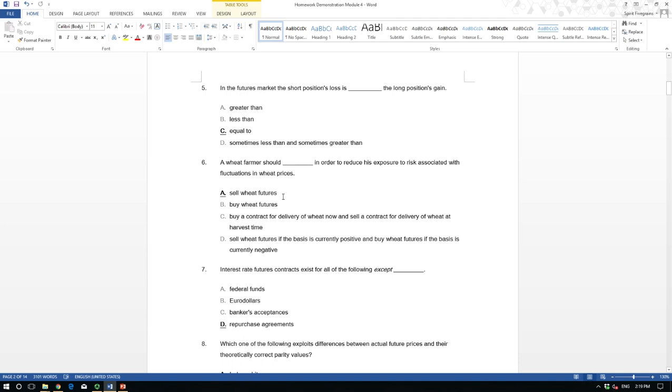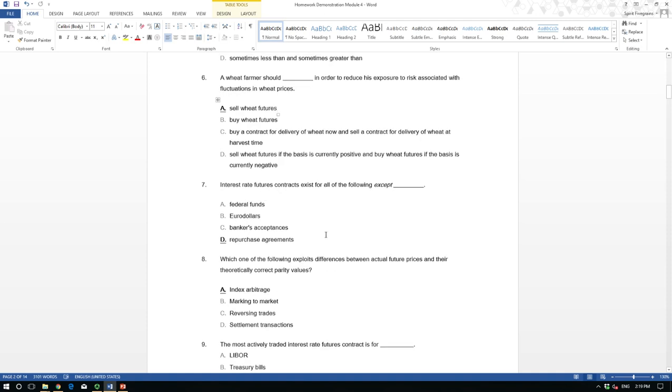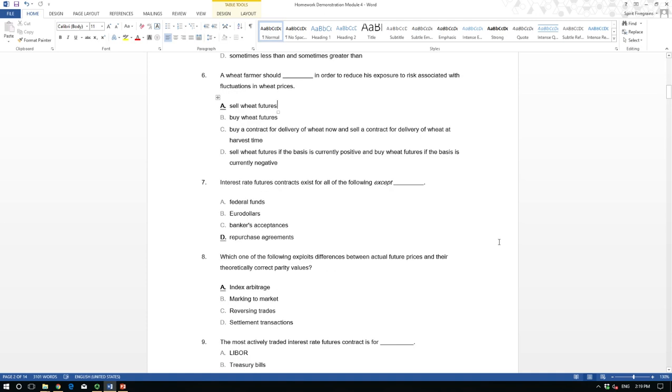So the answer is sell wheat futures, or take a short position in wheat futures, to hedge against wheat price risk. Number 7, interest rate futures contracts exist for all of the following except what? Those are underlying assets for interest rate futures contracts, and D is not. Repurchase agreement, repo, is not an underlying asset for interest rate futures contracts.